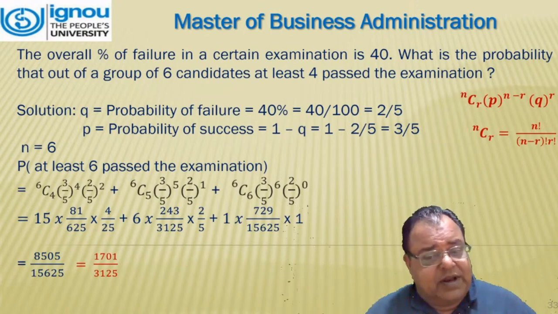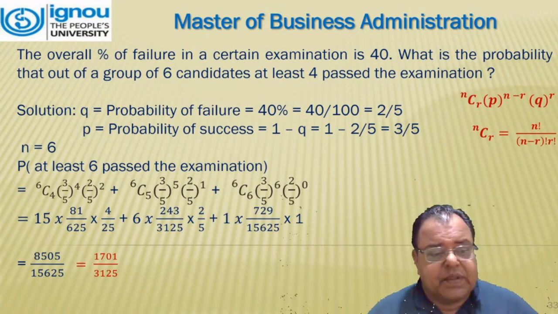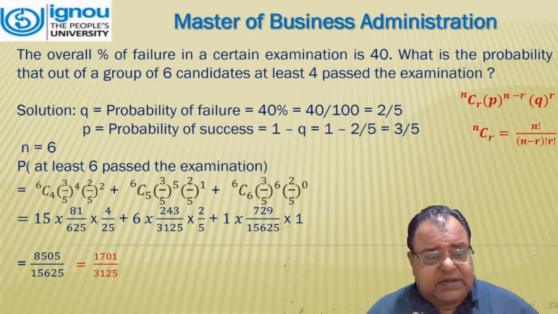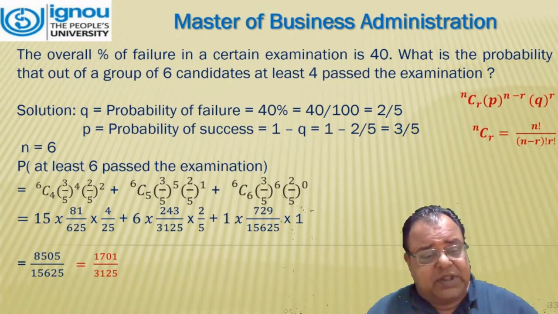Remember, 0 factorial is 1. Anything raised to the power 0 is also 1. After calculating all these values, you will get 1701 upon 3125 as the solution.